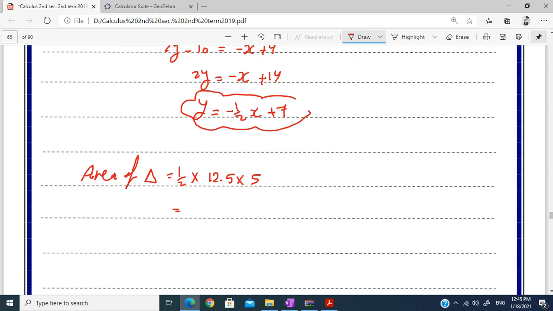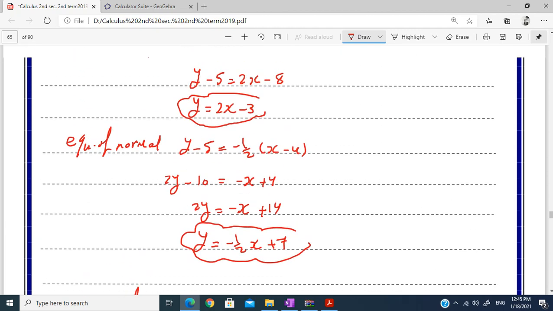The result will be 31.25 unit square. This is from the GeoGebra program.